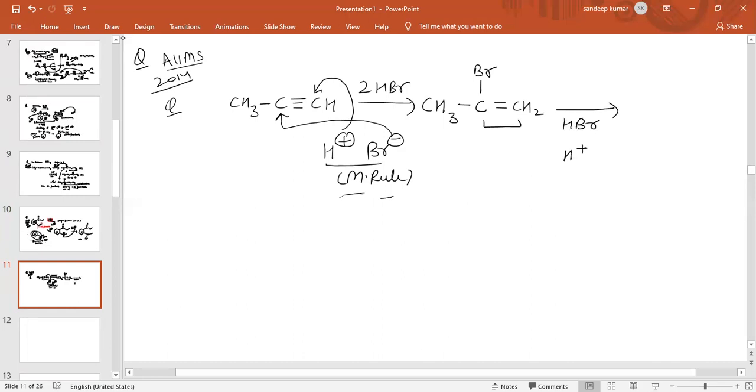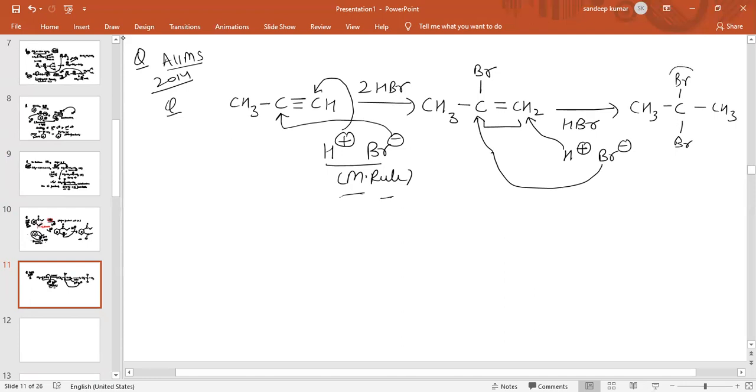Again there are two parts, H plus and Br minus. The negative part will add to the carbon atom with fewer hydrogens, and the positive part to the carbon with more hydrogens. So the product obtained is CH3CBr2CH3.